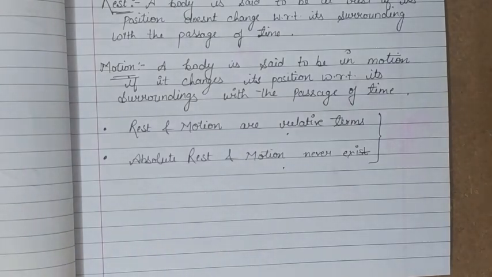अगर कोई ऑब्जेक्ट A है जो ऑब्जर्वर O के रिस्पेक्ट में रेस्ट पर है, then it is possible there is some other observer O dash जिसके रिस्पेक्ट में same object A can be in motion. So rest and motion are relative terms. It depends on both observer and object. We can't simply say that this object is in rest or this object is in motion.